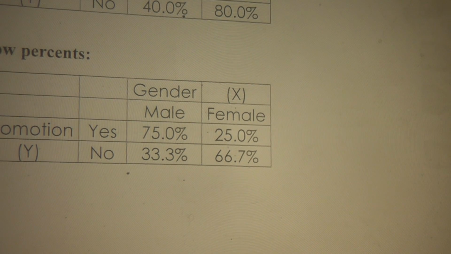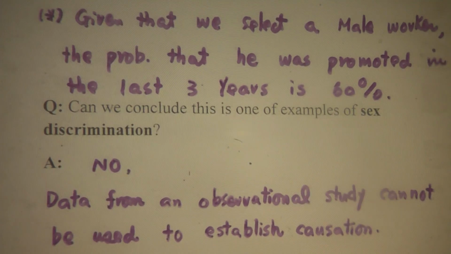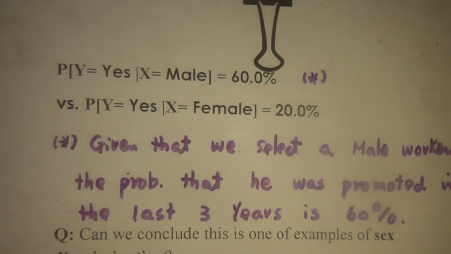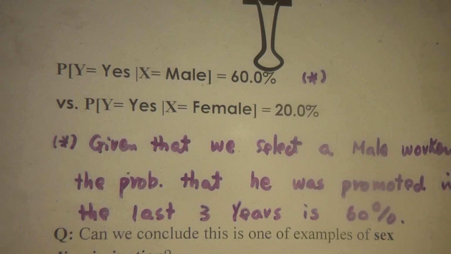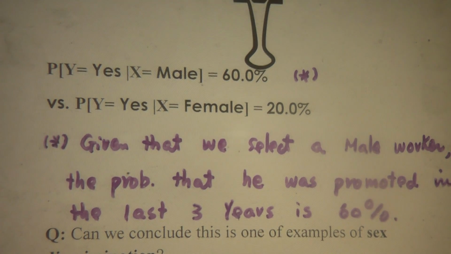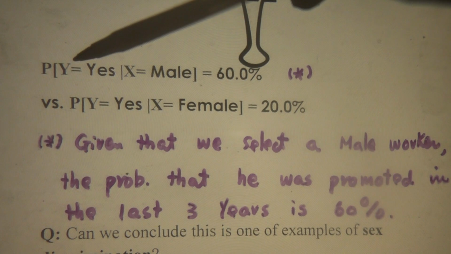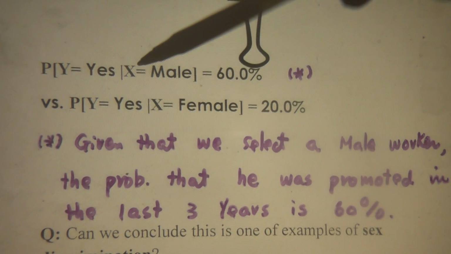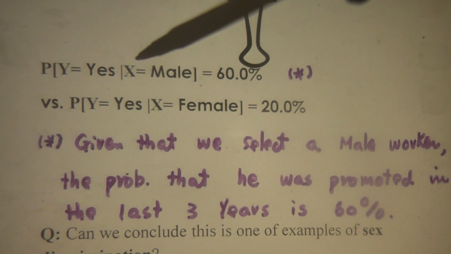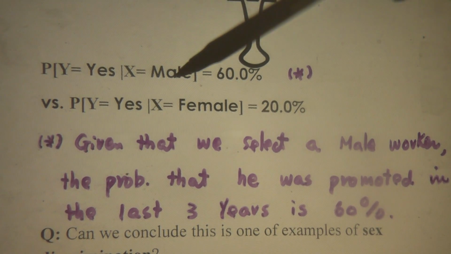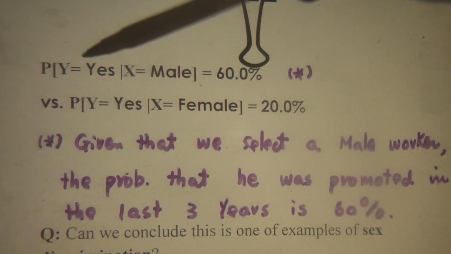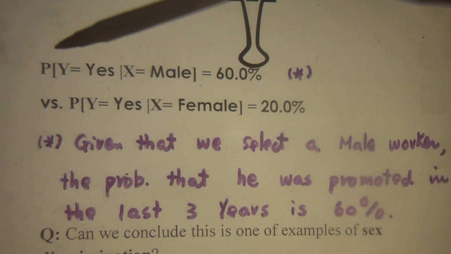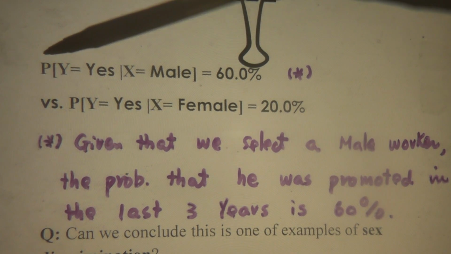Next, let's look at the slide following this one. How do we read this notation? Given that X, the gender, is male, and Y is promotion status, yes. P means probability.